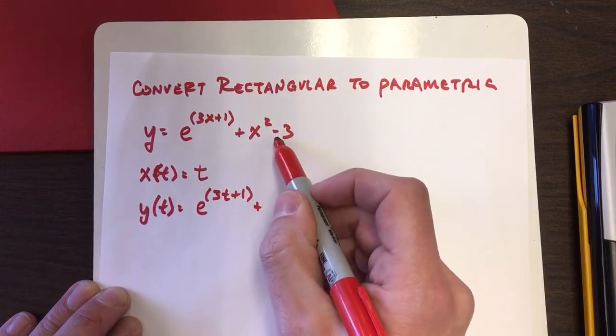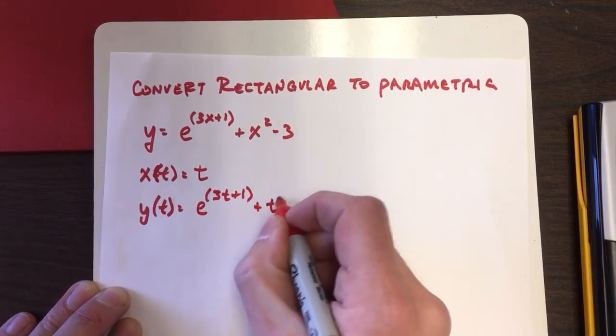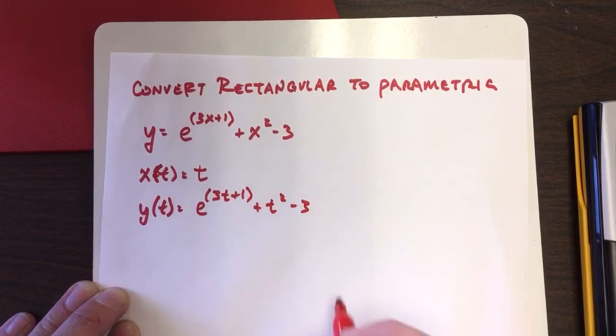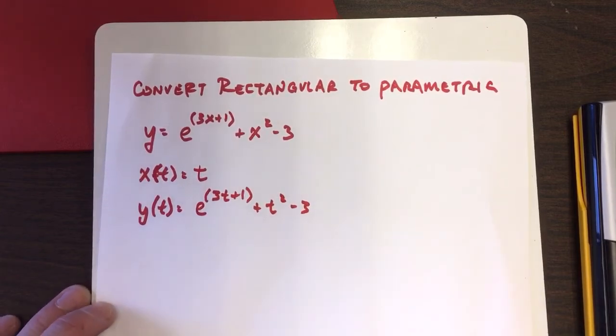X squared, well, x is worth t. All right, that's it. I just made up something that looks scary. Oh, e's a number. E's a number, 2.718, our natural base.